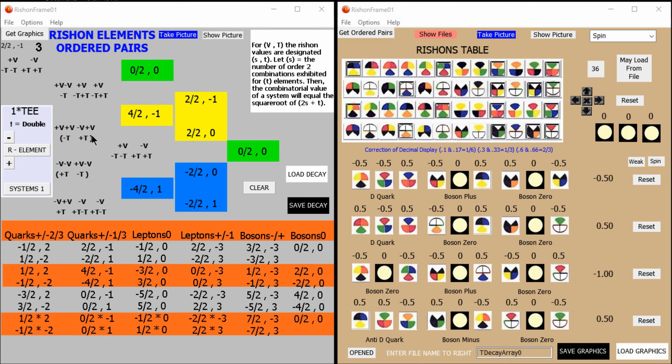So now we can see the composition of the B quark represented here as in this ordered pair.